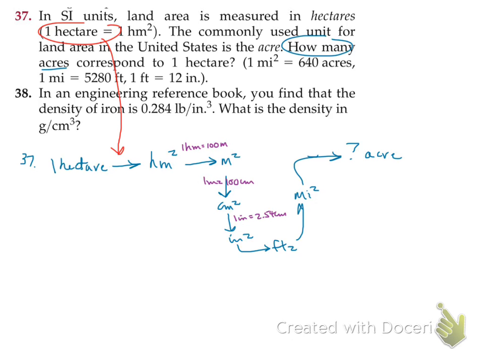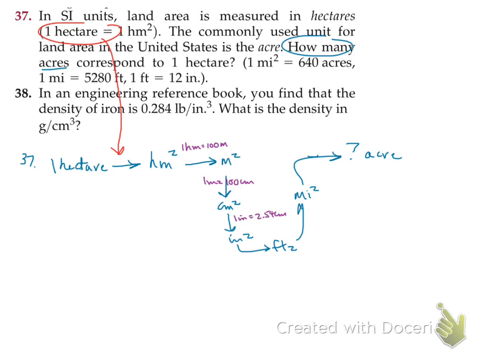So 1 hectare is equal to 1 hectometer, or 1 square hectometer, HM squared. Okay, so that's that. There's a 1-to-1 relationship. And then what I would do is go from hectometers squared to meters squared, realizing within the metric system, one hectometer is equal to 100 meters.